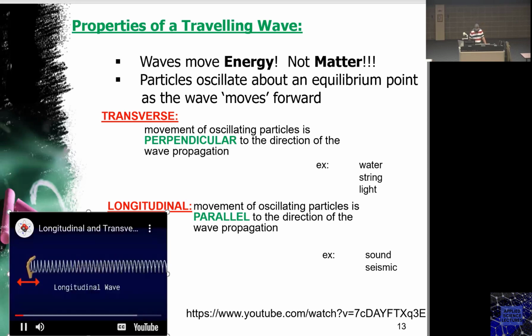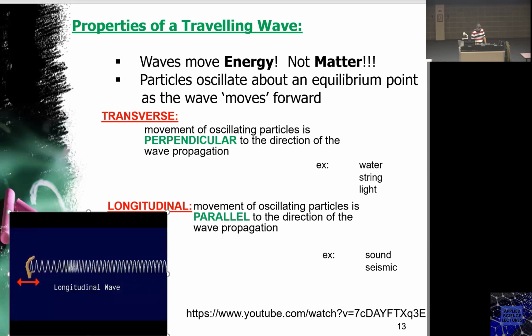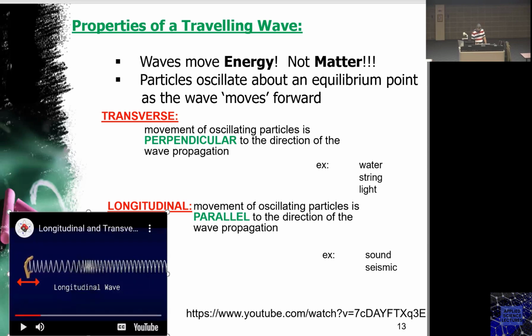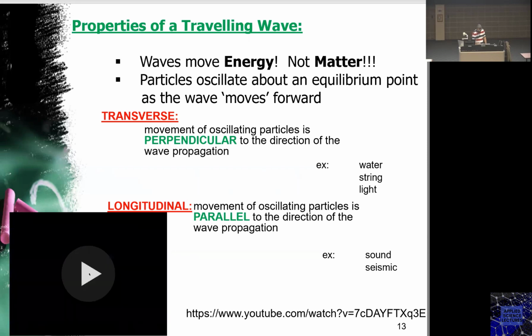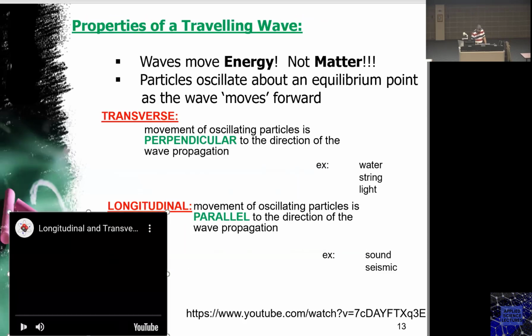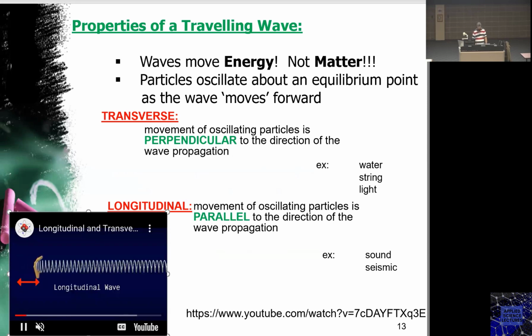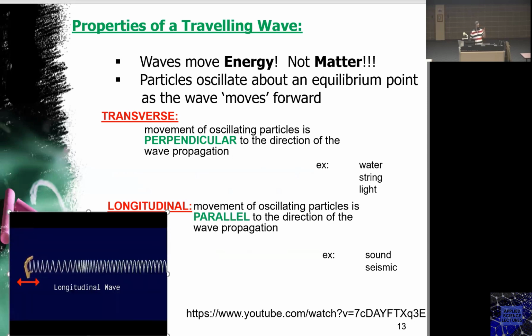In a longitudinal wave, there is a disturbance along the direction of propagation. So the longitudinal wave, as you can see, the oscillation is happening along the direction of the propagation.